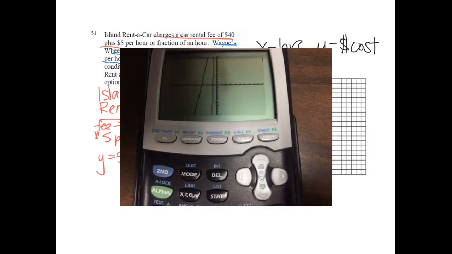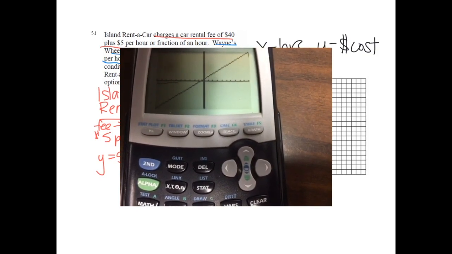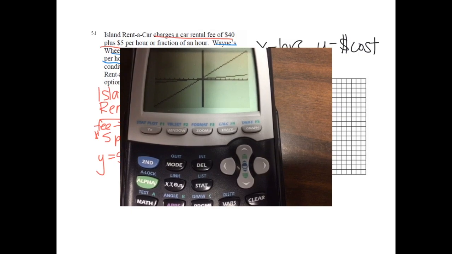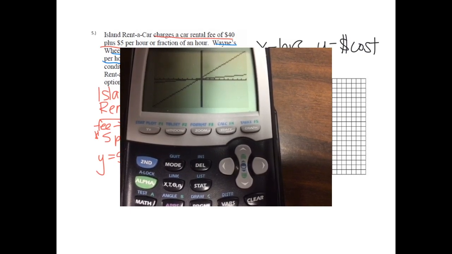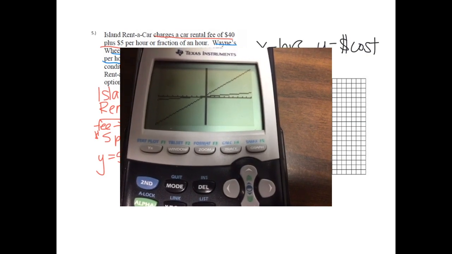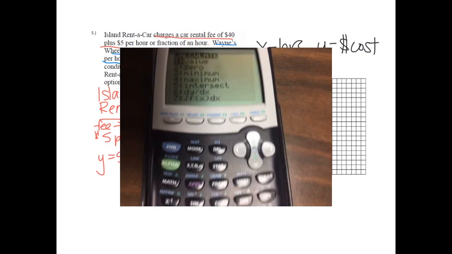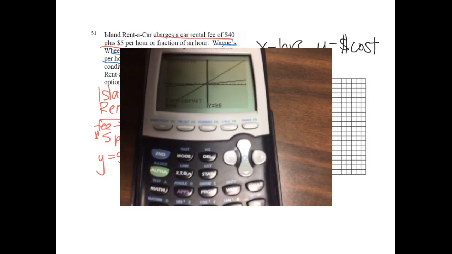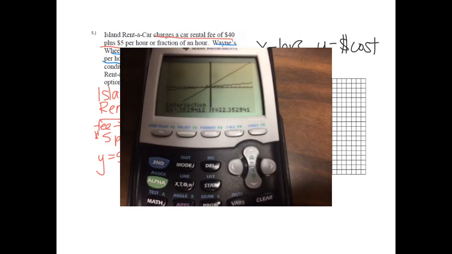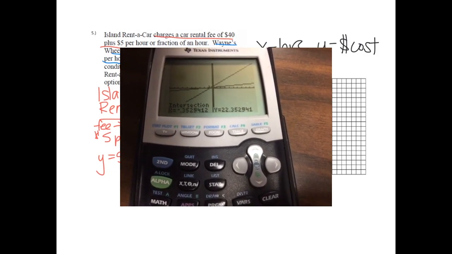Zoom fit. I want to get it a little bit closer in there. All right, well, this doesn't really help us much, but let's see the point of intersection. All right, the intersection point is at negative 0.35 and 22.